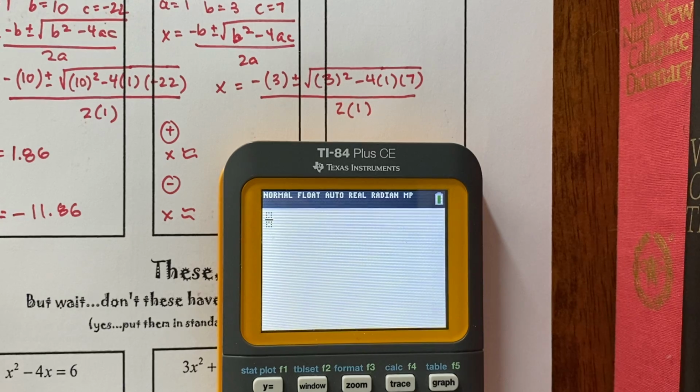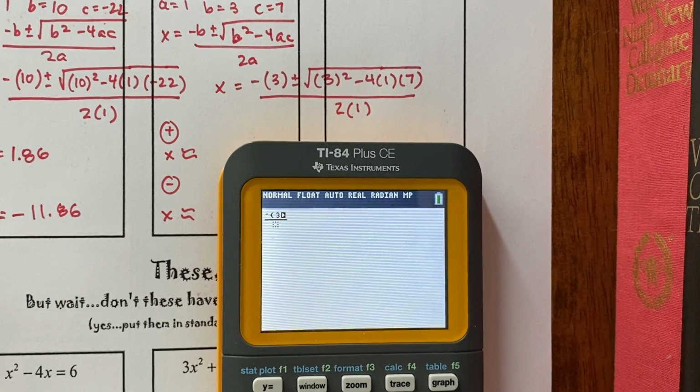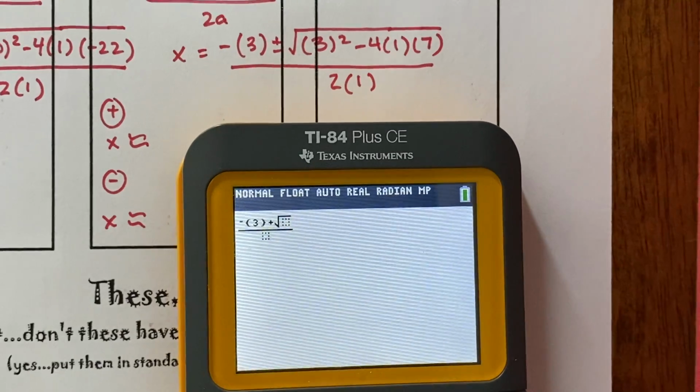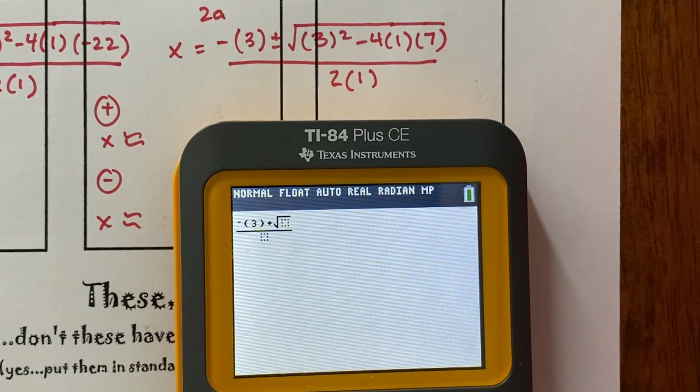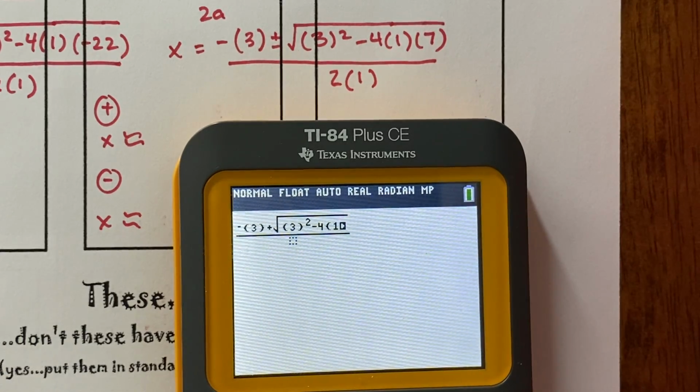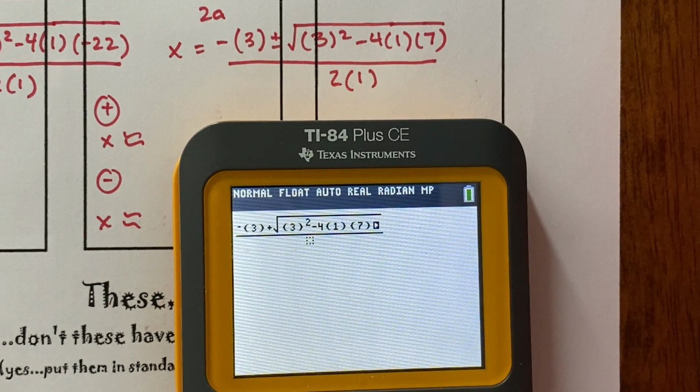And then negative or opposite of, in parentheses, 3 plus the square root, the second x squared. Let's see if I can make that bigger. Of 3 in parentheses squared minus 4 times 1 times 7, and then make sure that looks the same.